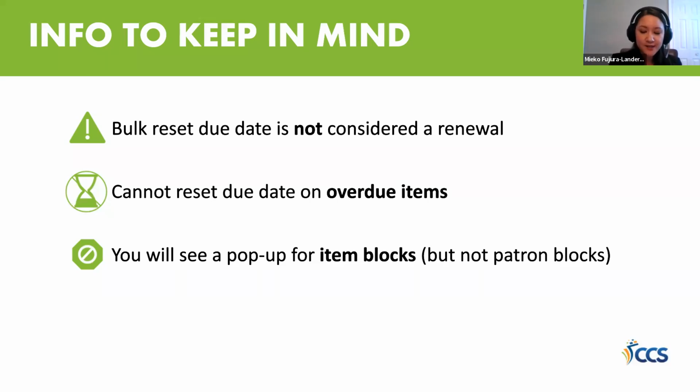And item blocks will include things like a library assigned block, such as check contents or send to repair, or a free text block like check for 4 disks. Unfortunately, we cannot turn these pop-ups off or configure a way where you can confirm or cancel them all at once. So you will need to manage them one by one, unfortunately.